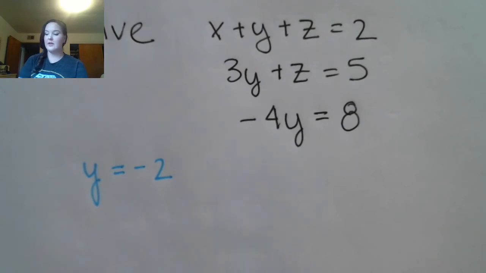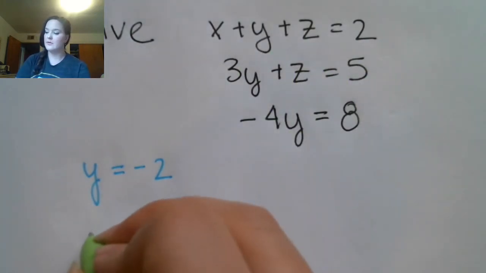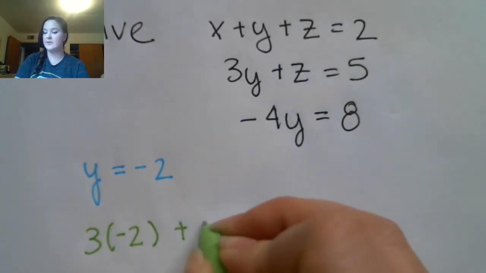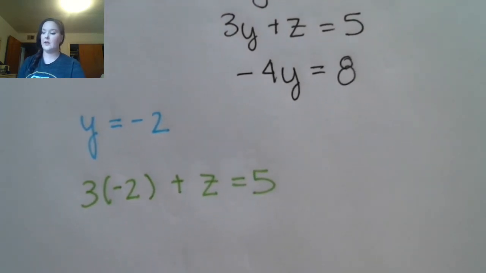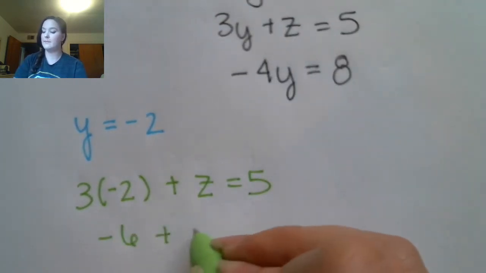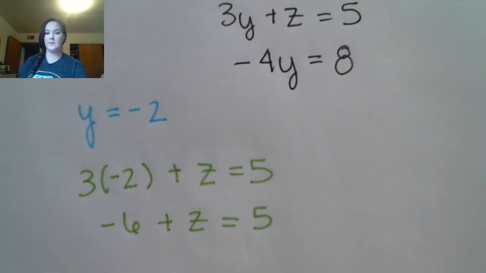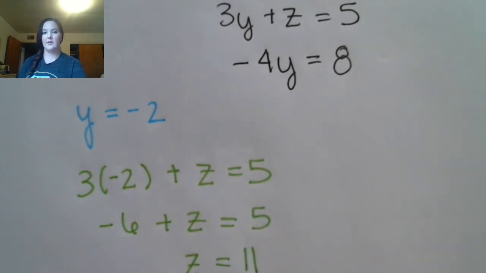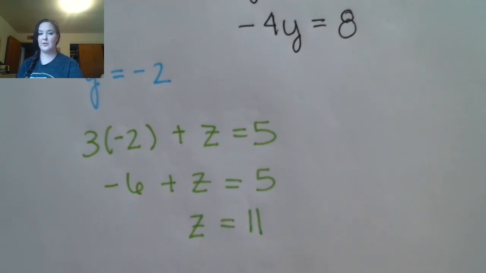Now I'm going to plug that value into this equation that only has two variables. So 3y plus z equals 5. So this gives me z equals 11. And now I'm going to substitute both of those values into my third equation.